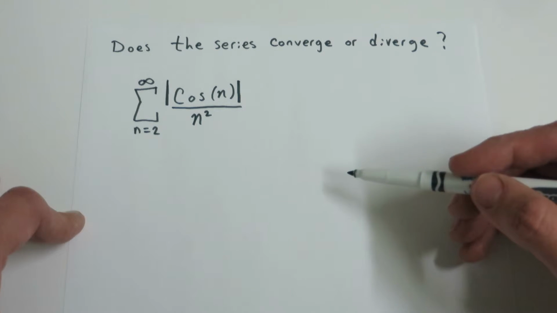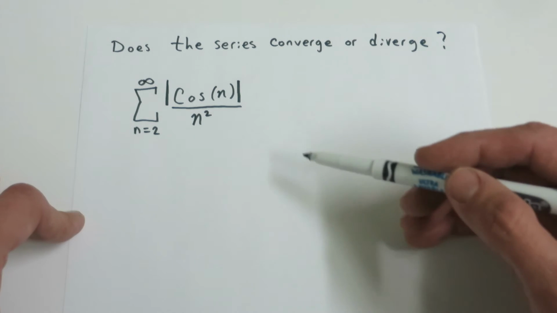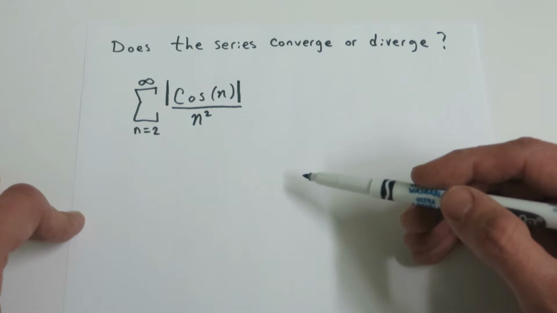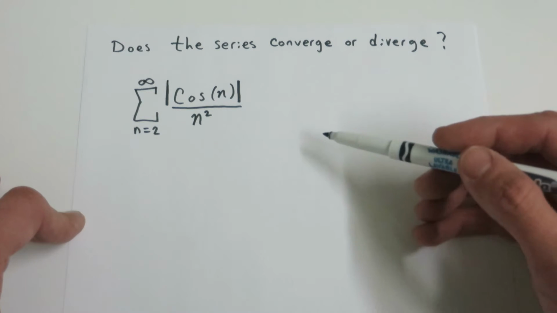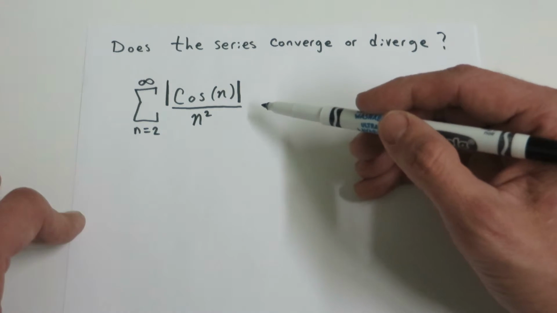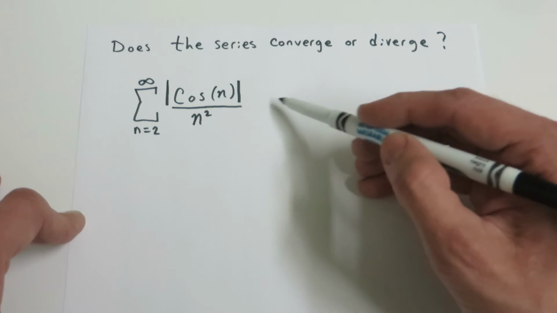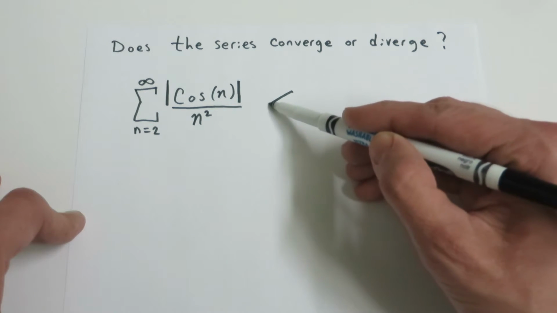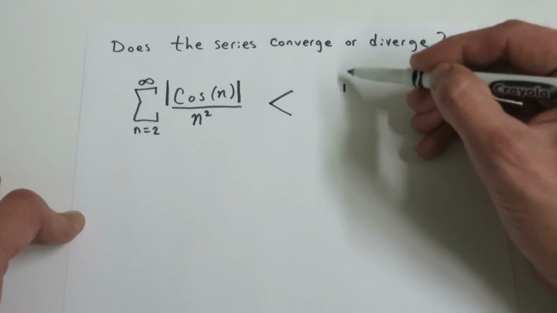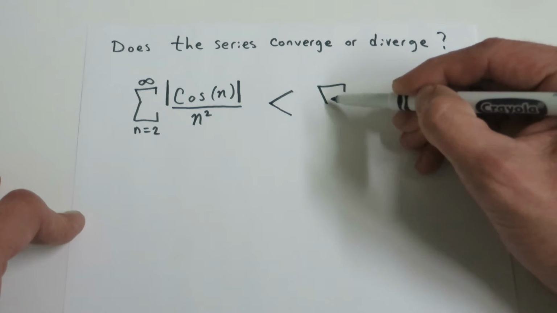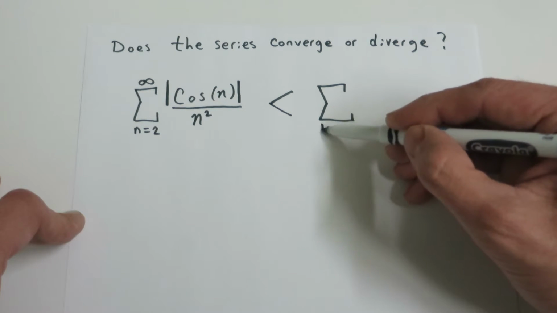You can see right away that now instead of oscillating between 1 and -1, it's just going to oscillate somewhere between 1 and 0. So in other words, this series is going to be less than a known series that we know to converge.